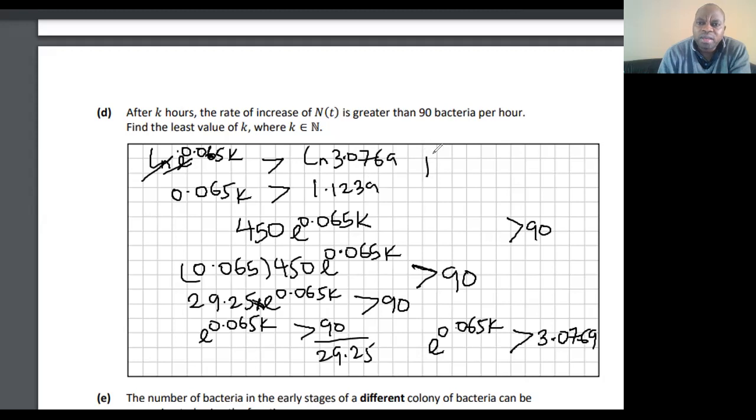So your K will be greater than, always use the sign, don't forget the sign, greater than 1.1239 divided by 0.065.